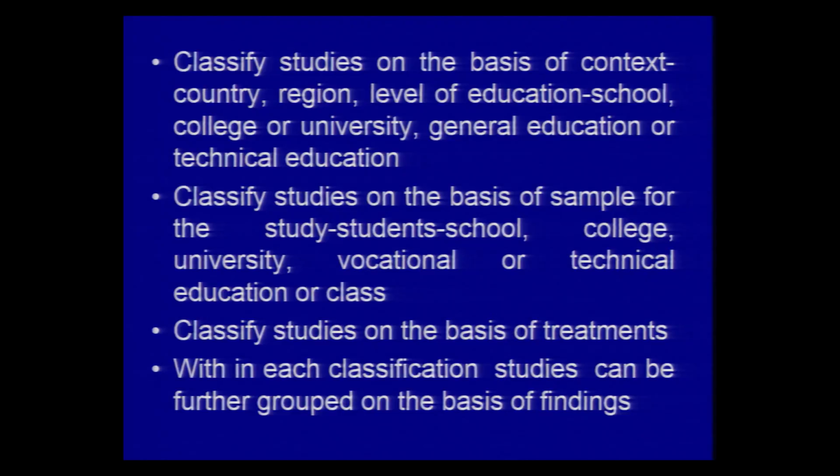So maybe you are trying to organize the studies and come out with a conclusion about what the finding is at class 9, at the first year of diploma level institutions, and at the final year of diploma level institutions. This will clearly give you an indication whether the findings are similar for students who are studying at different levels, or whether there are differences in the findings of the study.